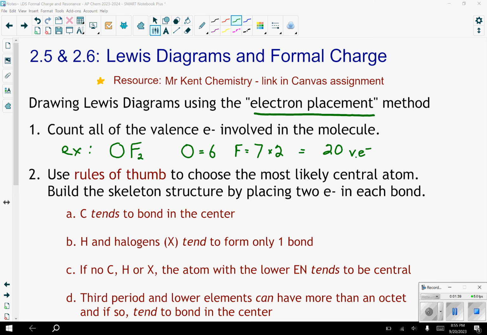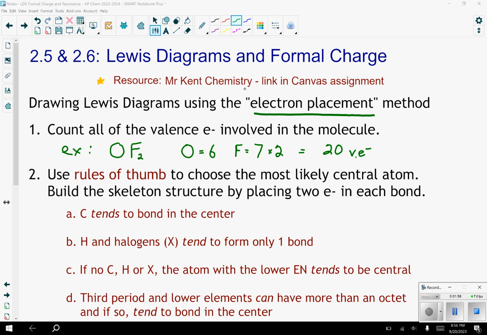Now, before we get started, I'd like to point out there's an excellent resource online. The link is in the Canvas assignment that goes along with the lecture notes. The link is to a Mr. Kent Chemistry website. It's an old school website, but don't let the look fool you.